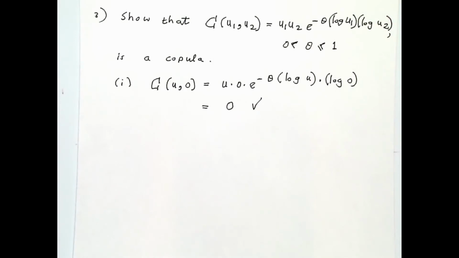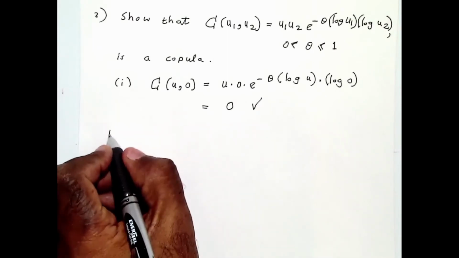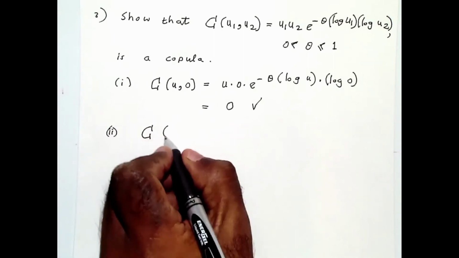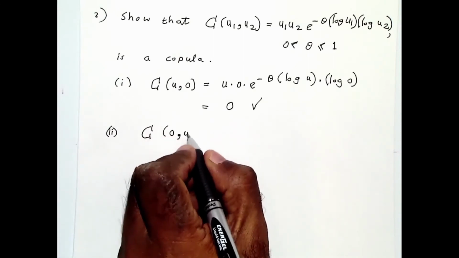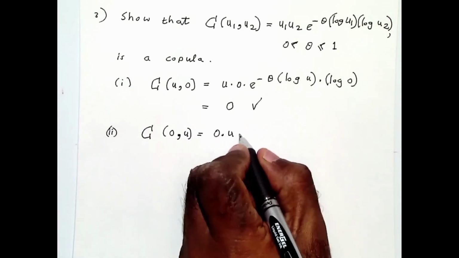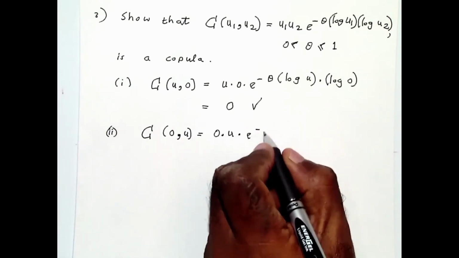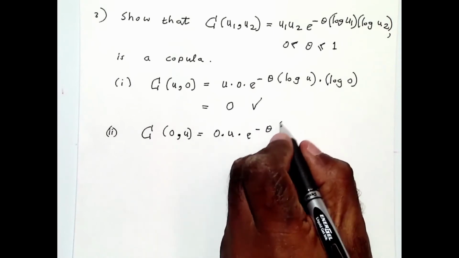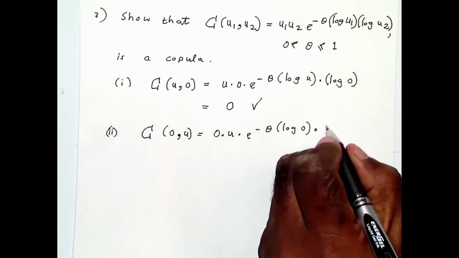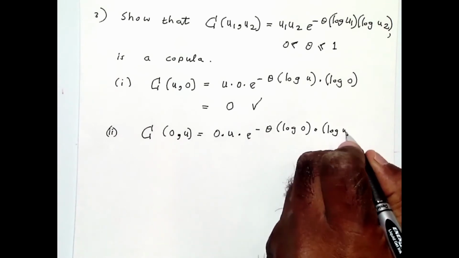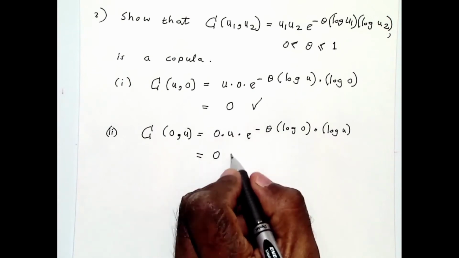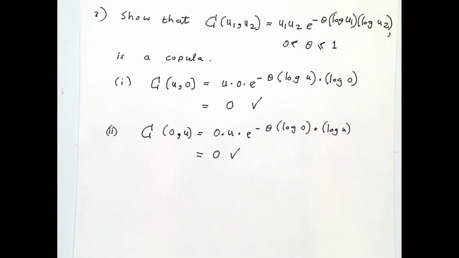So condition 1 is satisfied. Condition 2, C at 0 comma u. So it's going to be 0 times u times... once again, because of the 0, this thing is 0, right?